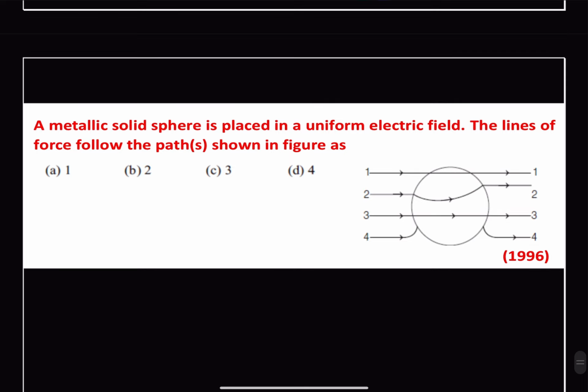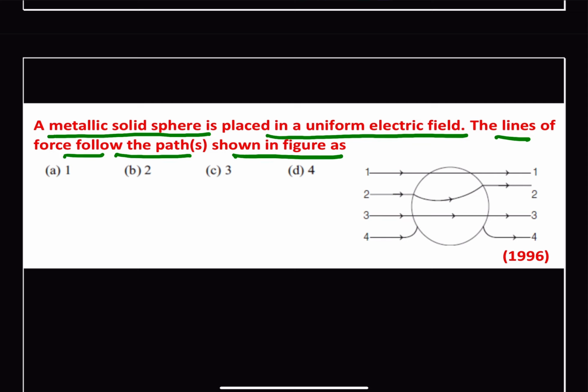Okay, so this is more or less a conceptual one. We are given that a metallic solid sphere is placed in a uniform electric field. The lines of force follow the path as shown in the figure. So we have these 4 lines of forces, and we are going to find out which of them will be the correct one.